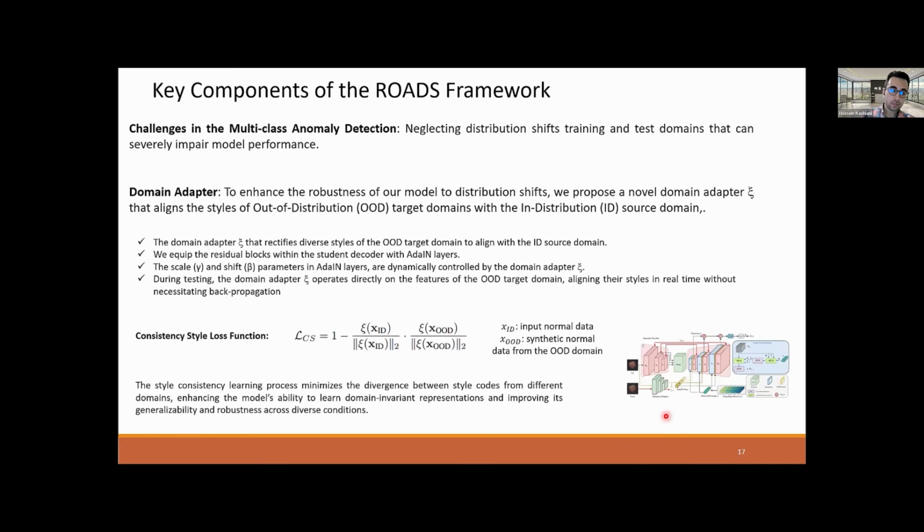But as I mentioned, another challenge in conventional anomaly detection is robustness. They are not robust at inference time under different distribution shifts. To make our model robust, we leverage the idea of the adaptive instance normalization layer.